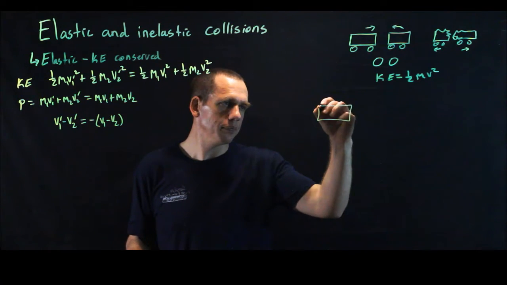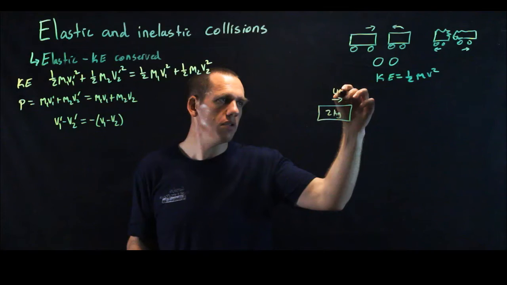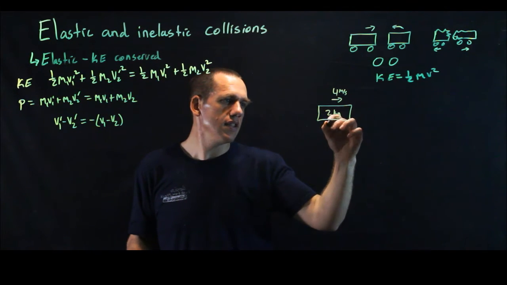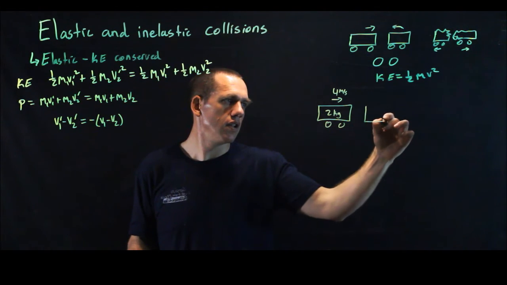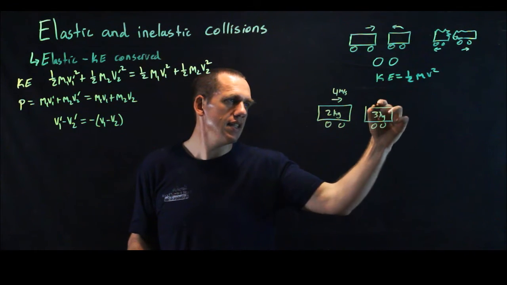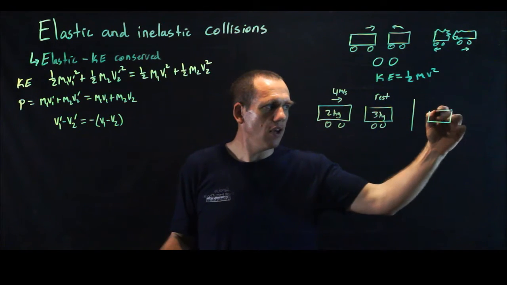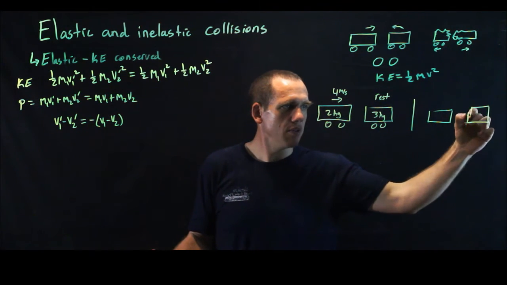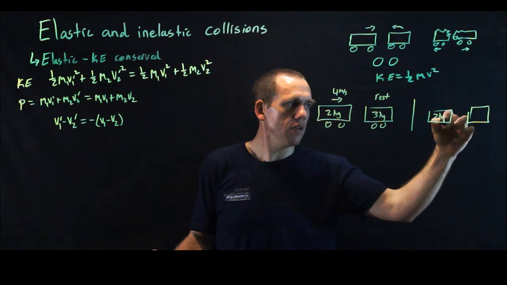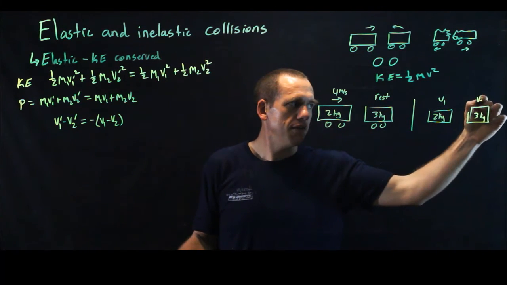Say I've got this 2 kilogram cart that's moving this way at 4 meters per second, and it hits this other cart that is 3 kilograms, and it is at rest. And afterwards, I want to know the velocity of both carts. I want to know the velocity of the 2 kilogram cart, V1, and I want to know the velocity of the 3 kilogram cart, V2.